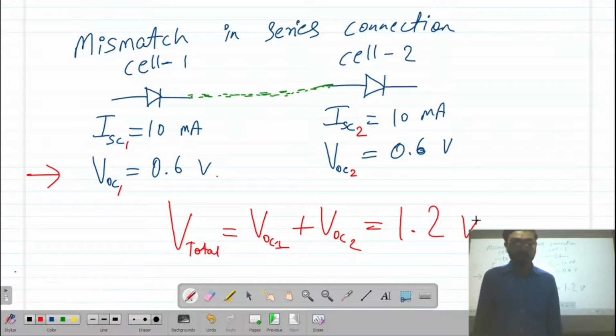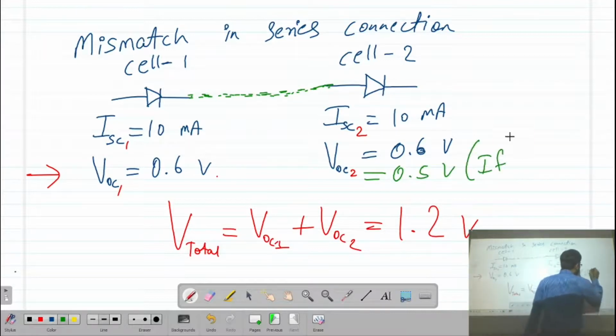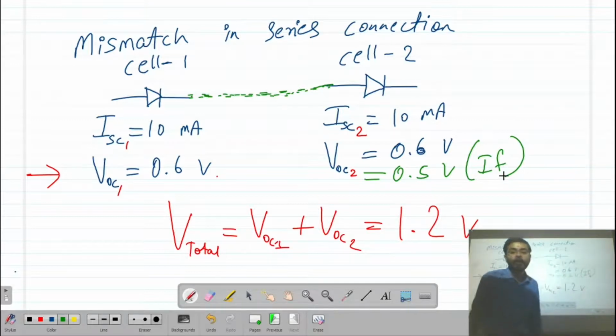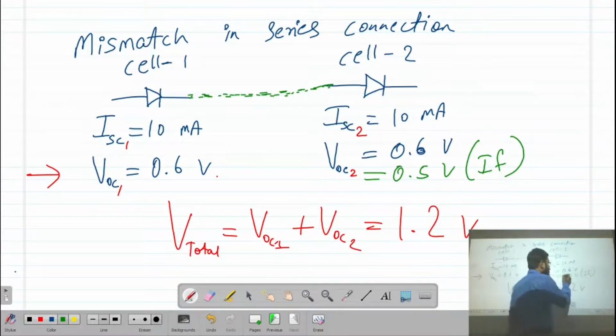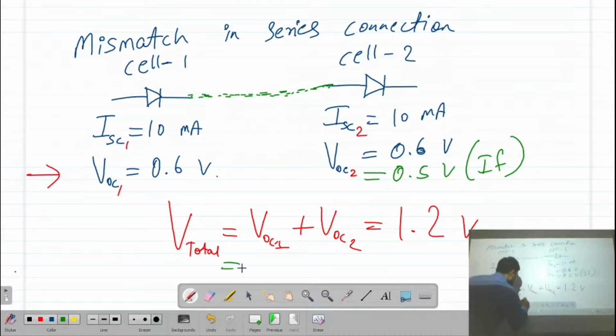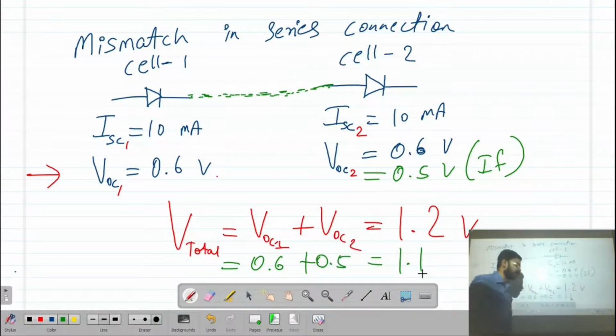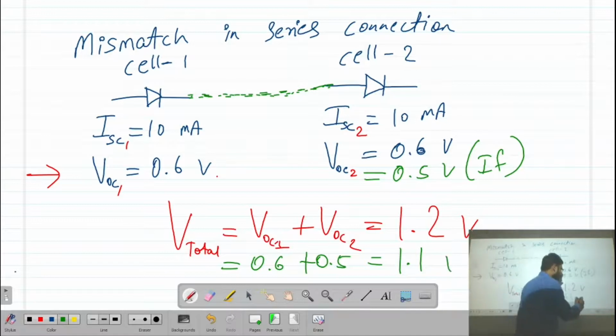But if in case this is equal to 0.5 volt, then 0.6 plus 0.5 is equal to 1.1 volt.